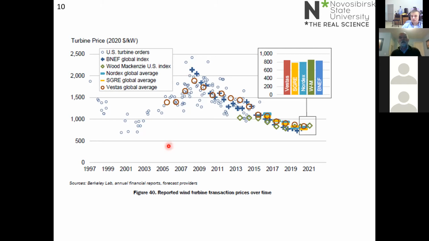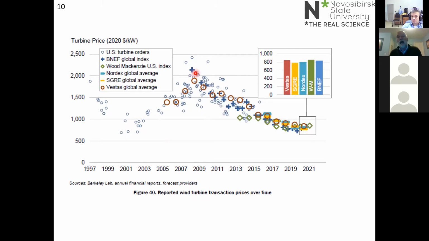For example, this information, again taken from the US Wind Market Report, shows turbine purchase price versus year. You can see that from somewhere around 2008 to the present day, there's been a drop in the price of over a factor of 2. That's a huge drop in price.